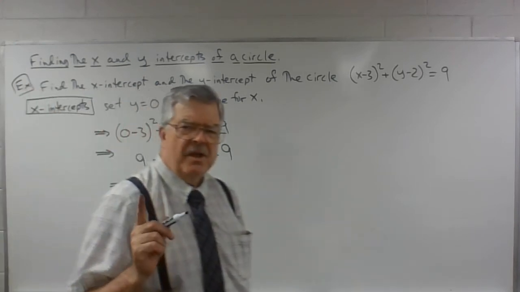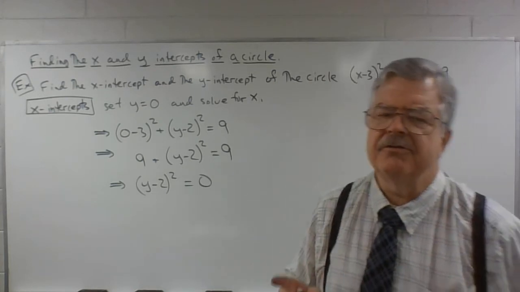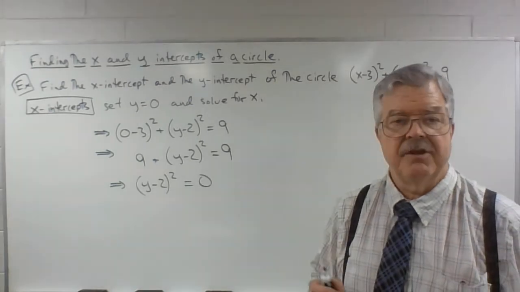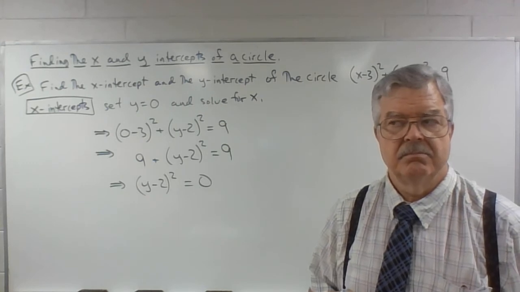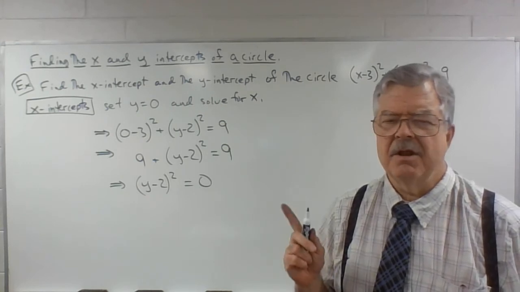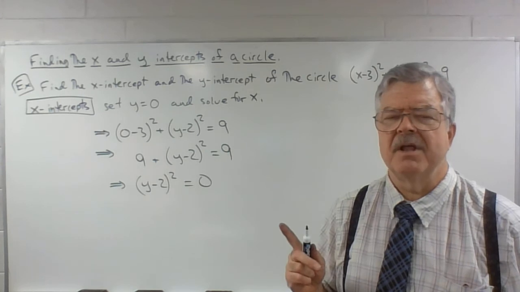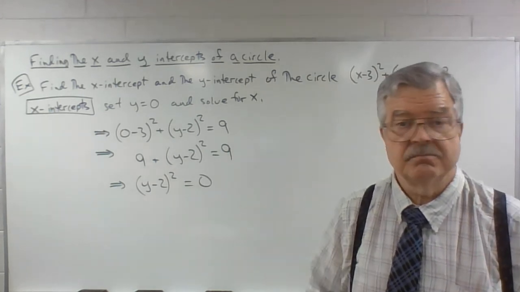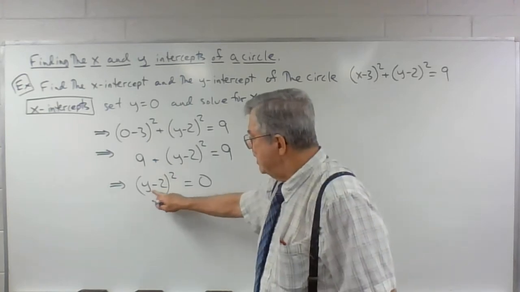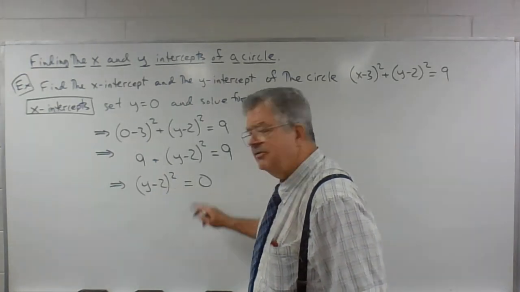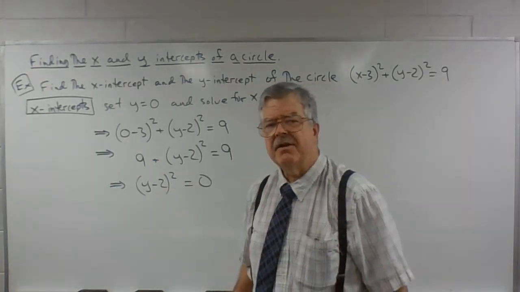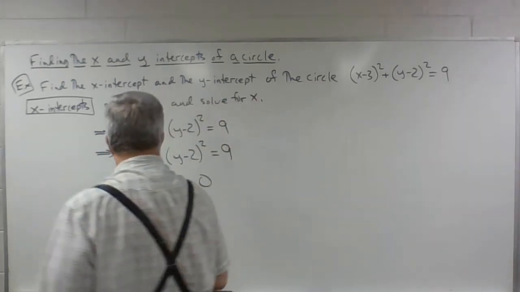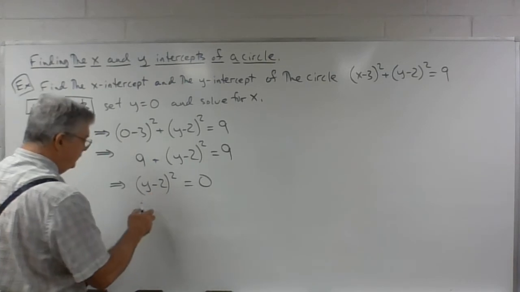Now, what is the only number that we can square or multiply by itself and get 0? Isn't the only number that we can square or multiply by itself and get 0, 0? So if I have y minus 2 squared equals 0, that tells me that y minus 2 is 0.